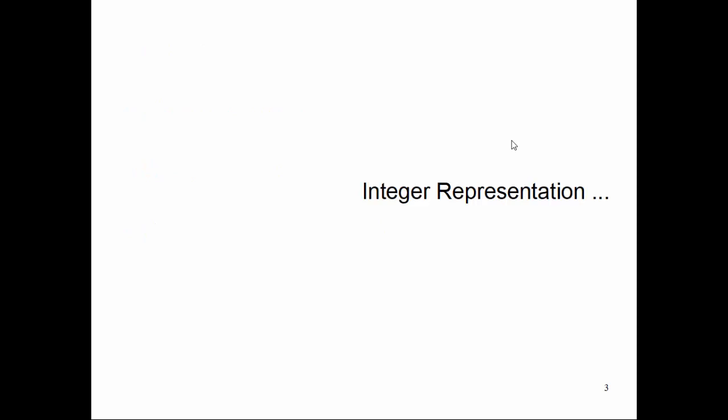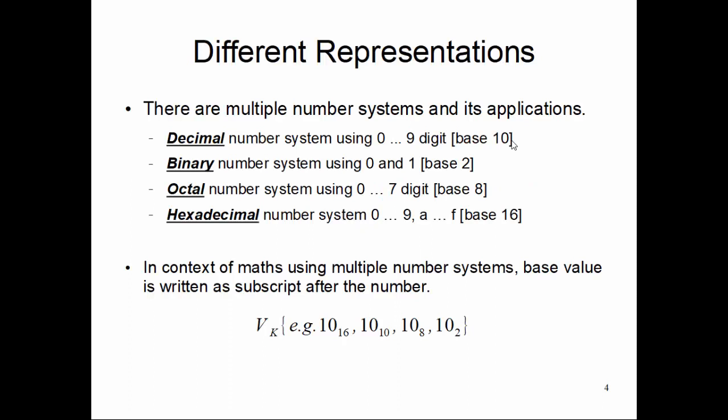Now, to start with integer representation, we can say that there are multiple different number systems and they have their specific applications. As human beings, we all understand and are used to the decimal number system, which uses 10 symbols, 0, 1, 2, 3, etc. till 9, and all decimal numbers are represented with those 10 symbols, and that's why it's base 10.